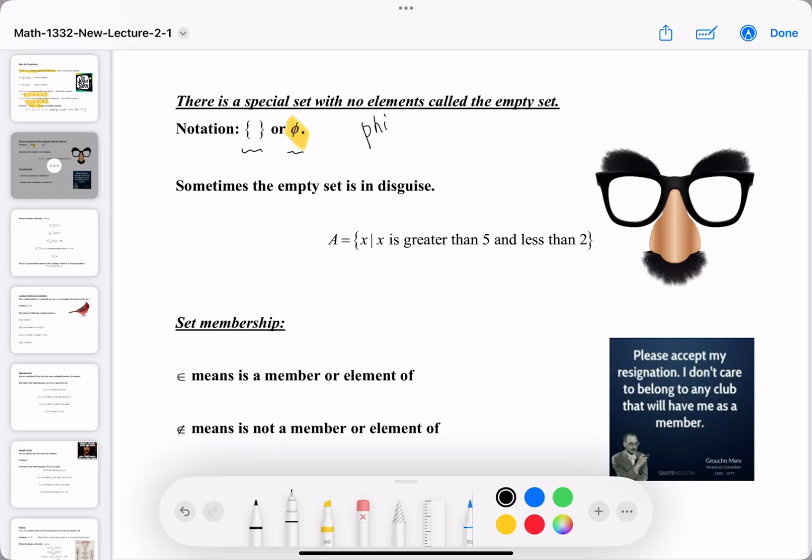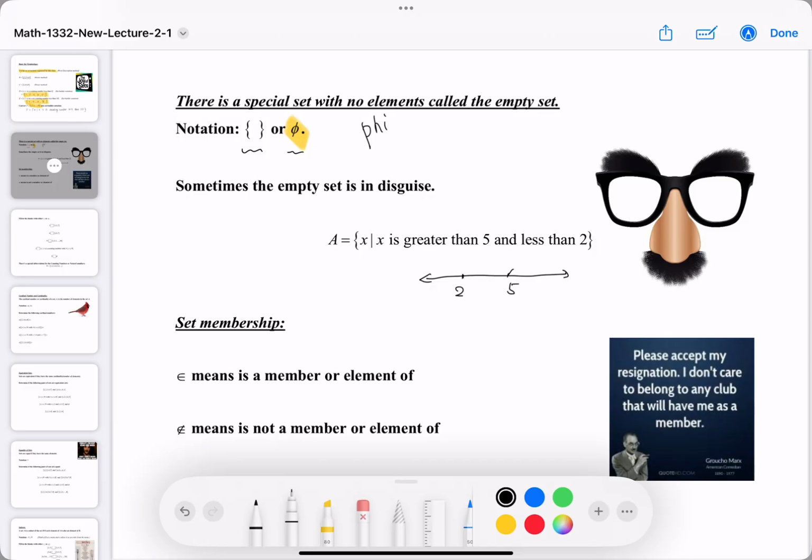Sometimes the empty set is in disguise. What's the meaning of disguise? Let's read the set builder notation. A is a set of all of the x such that x is greater than 5 and less than 2. Let's find some elements that satisfy this condition. If I have a number line, this is 2, this is 5.